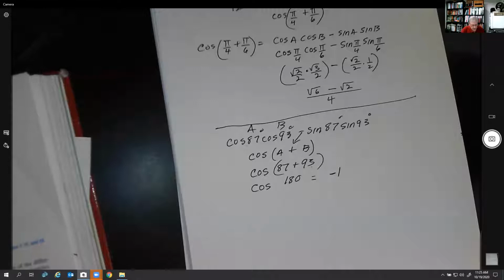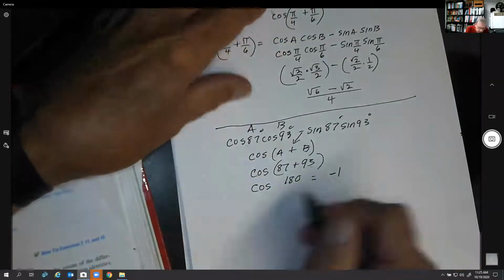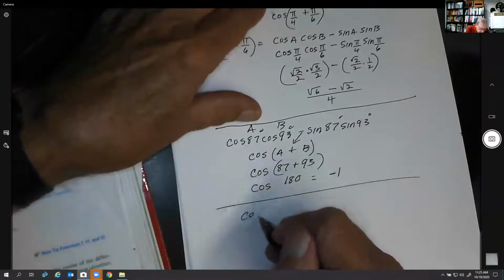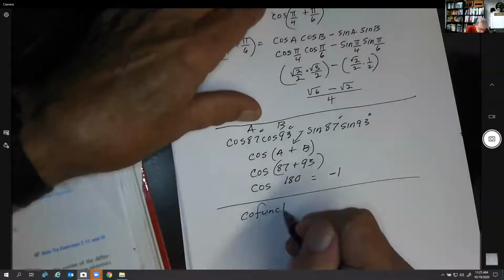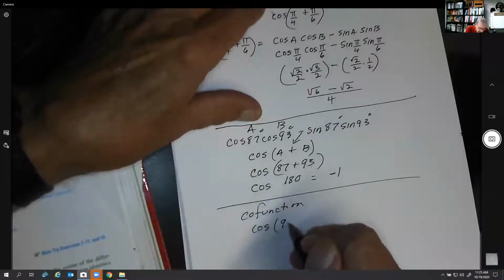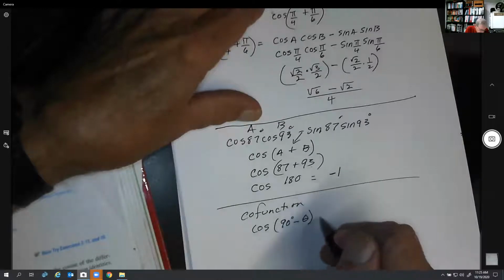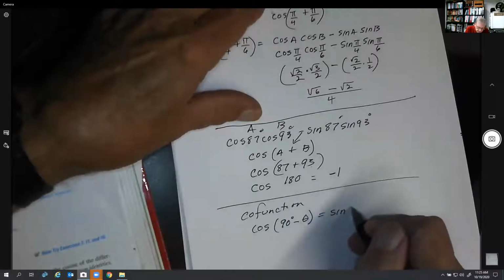Okay, another relationship is on page 207. These are the cofunction identities. Cofunction. So if you have the cosine, and these come in handy, of 90 degrees minus, say, theta, that's the same thing as the sine of theta.